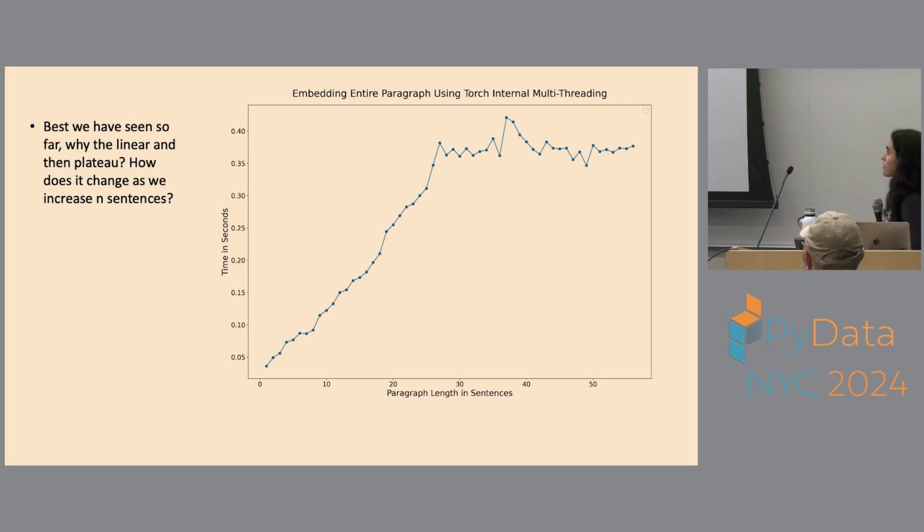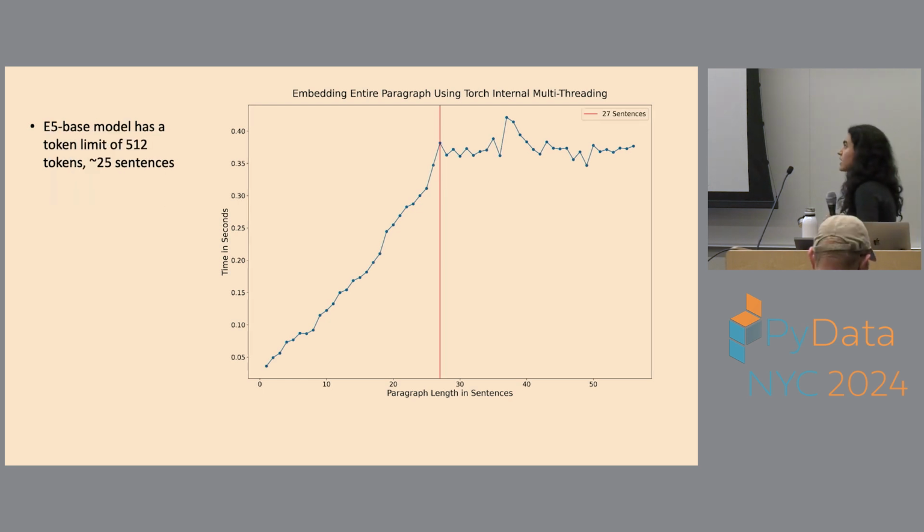The other thing to notice from this plot is that there is some plateauing going on after a certain point. So let's try to understand what that is. The E5 base model has a token limit of 512 tokens, which is about 25 sentences, which is around where we're seeing the plateauing taking place.